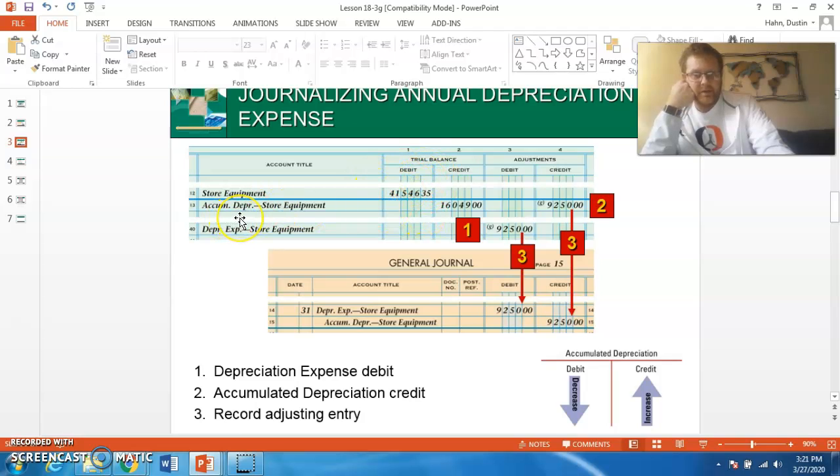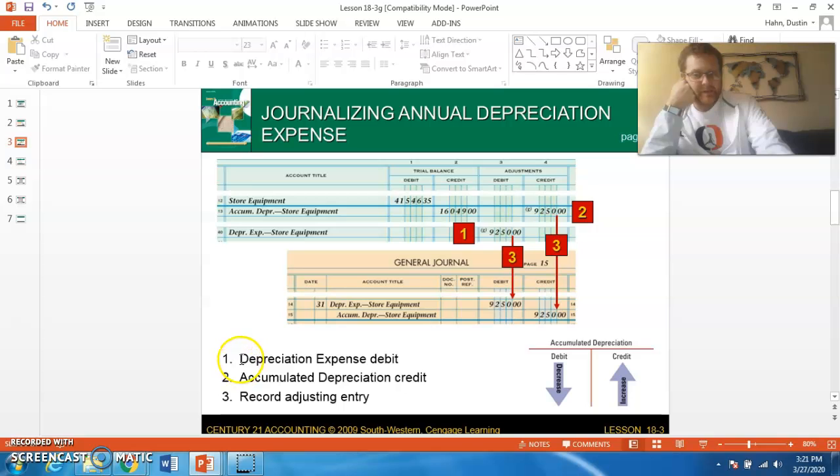Your accumulated depreciation for your store equipment is going to be an adjustment. Chapter 8, I believe we worked with adjustments. So here's where adjustments come back into play.